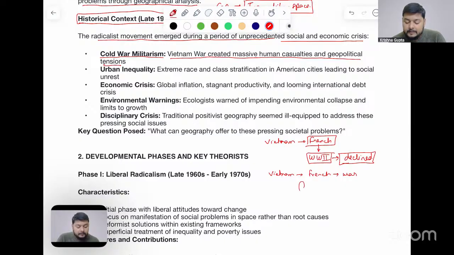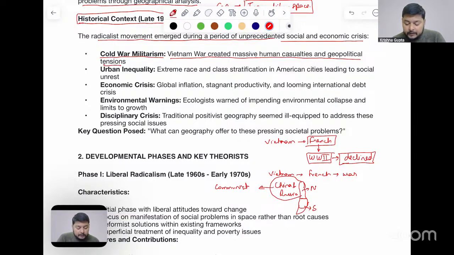But here, if you look at the map of Vietnam, we have two parts: one is North Vietnam, another is South Vietnam. North Vietnam was very much associated with China and Russia, and majorly with communism or communist government or communist approach.